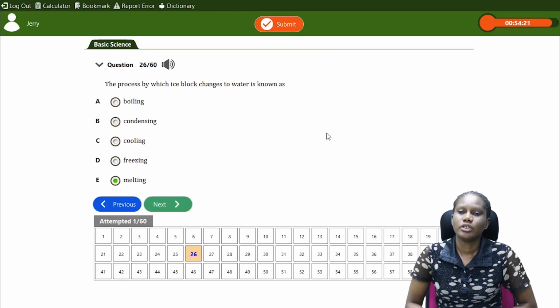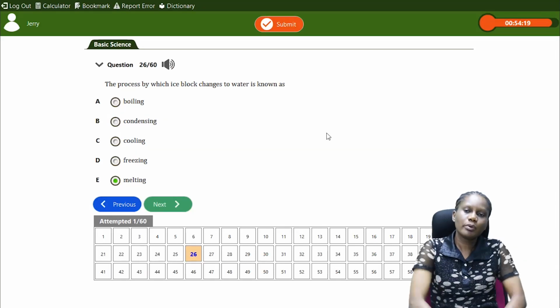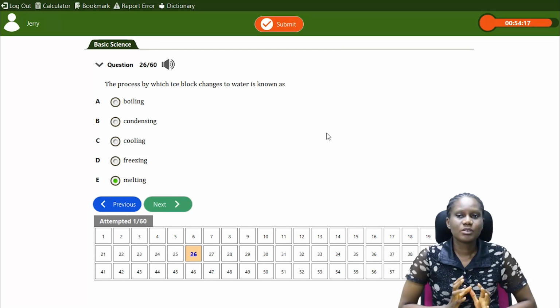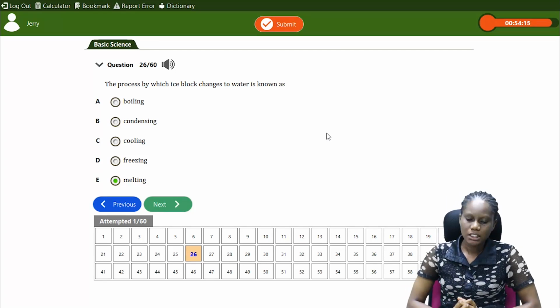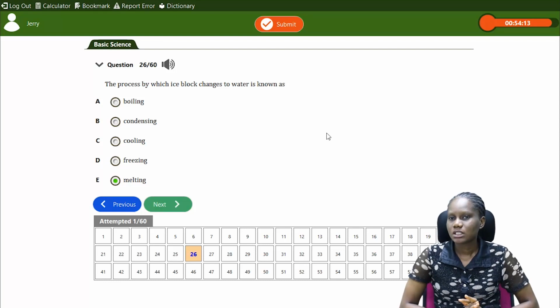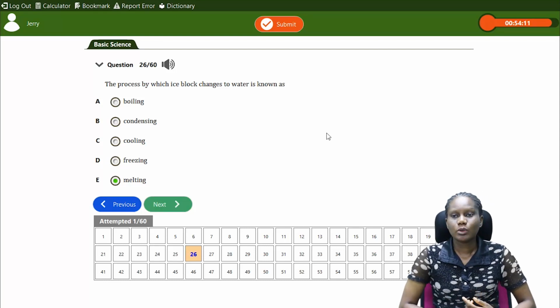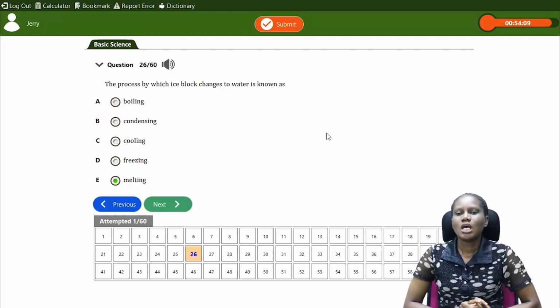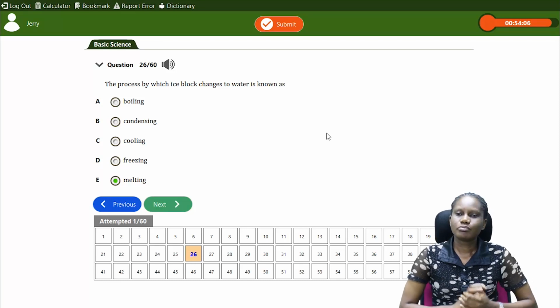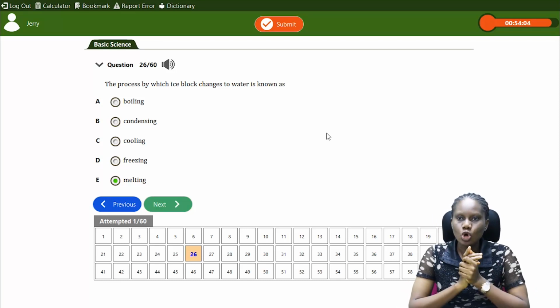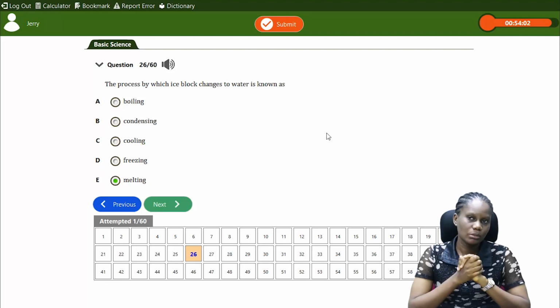I have a question here: the process by which ice block changes to water is known as. First, you have to check the state of matter we're talking about here.